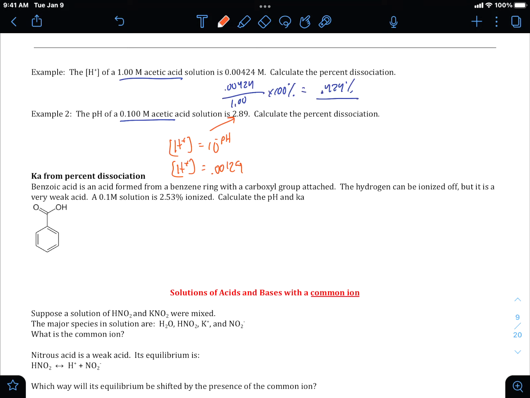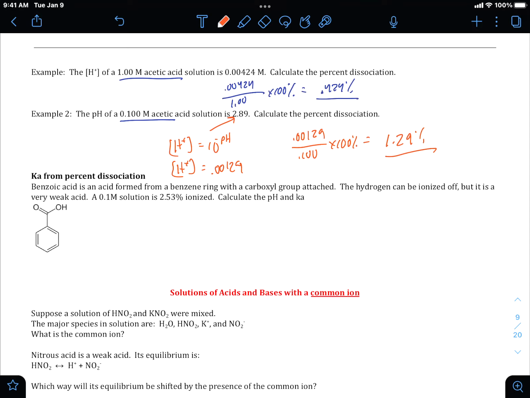So to find percent dissociation, 0.00129 over 0.1 times 100%. Now percent dissociation is 1.29. Interesting. It's not the same percentage.